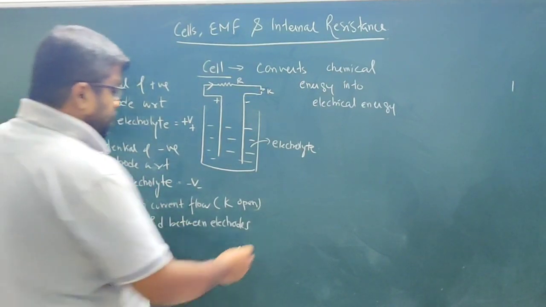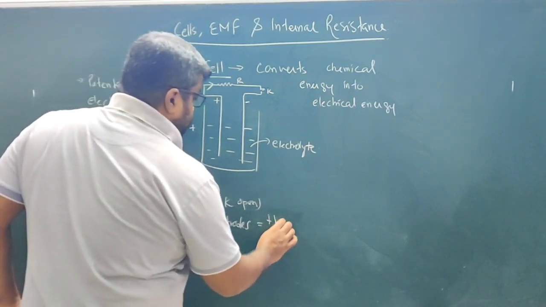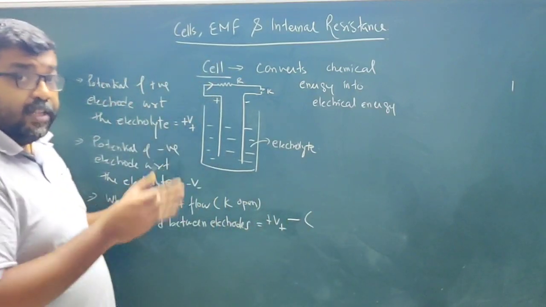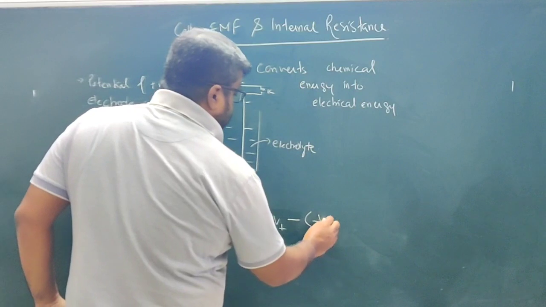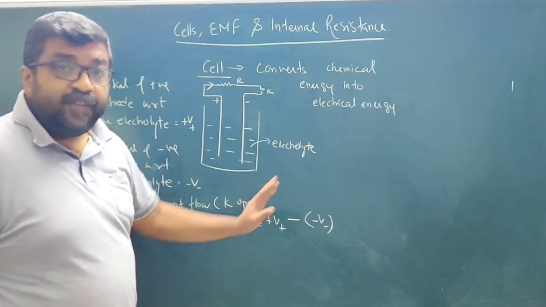So for this potential difference, the potential of the positive electrode, plus V plus, minus the potential of the negative electrode, minus V minus. Potential difference means difference in potential.